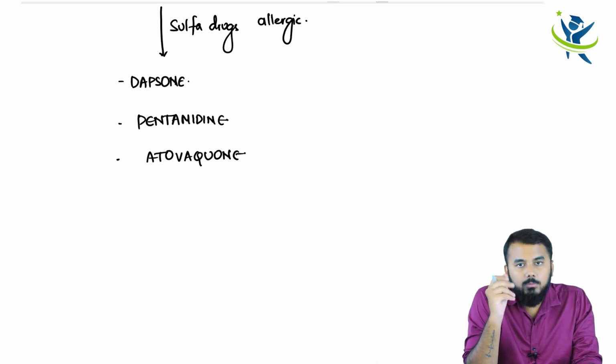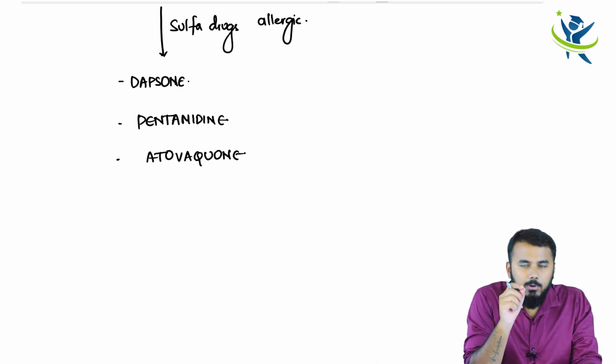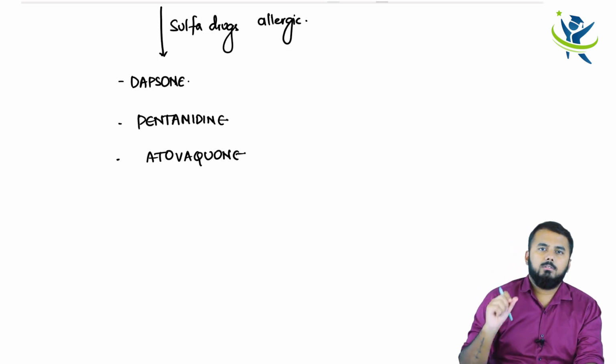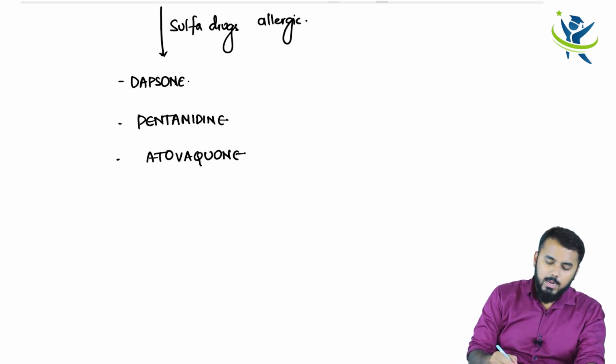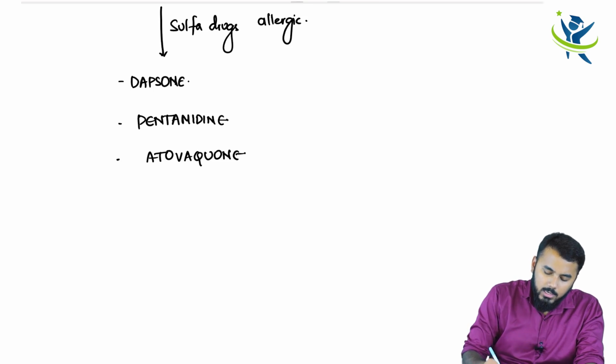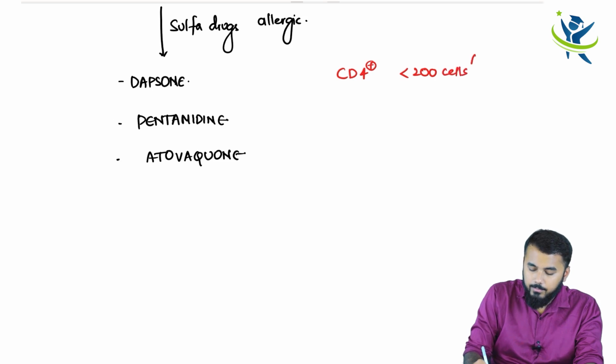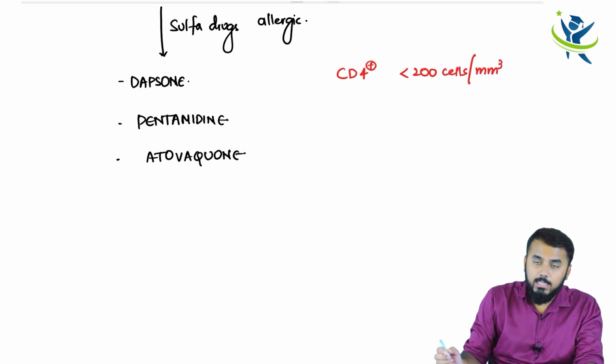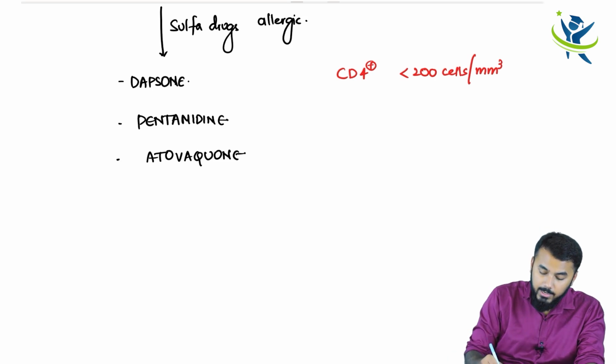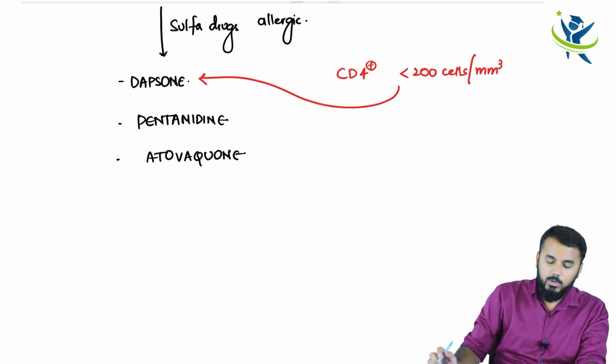These infections are most commonly seen in AIDS patients, right? Patients who are immunocompromised. For example, if you find any HIV positive case, and in that HIV positive case, if CD4 plus cells are less than 200, then immediately start dapsone as a prophylactic treatment.